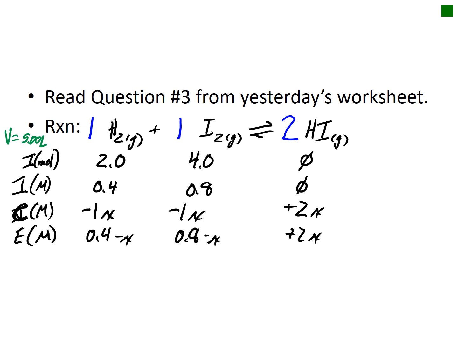Now we don't have to figure out which way this thing shifts, so we can jump straight into our equilibrium expression. I'm going to move on to the next slide in 3, 2, 1, go.